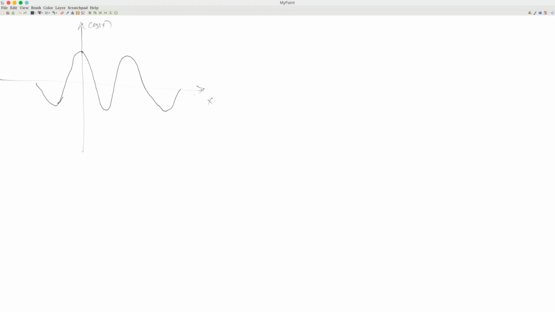Now we've got to make it 1-to-1 by restricting the domain. Now, how shall I restrict the domain? Well, this is 0 and pi over 2. That would be pi, and 2 pi, 3 pi, 4 pi.